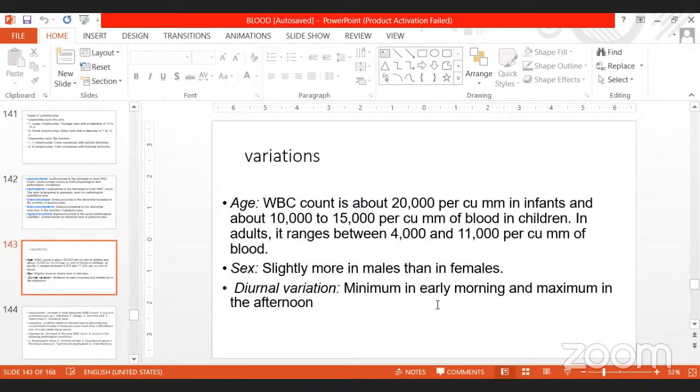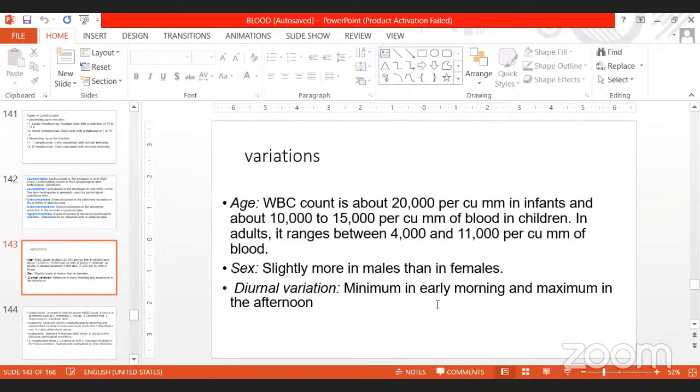Coming to the physiological variation, the WBC count is around 20,000 per cubic millimeter in infants and about 10,000 to 15,000 per cubic millimeter in children. In adults, it ranges between 4,000 and 11,000 cells per cubic millimeter of blood.